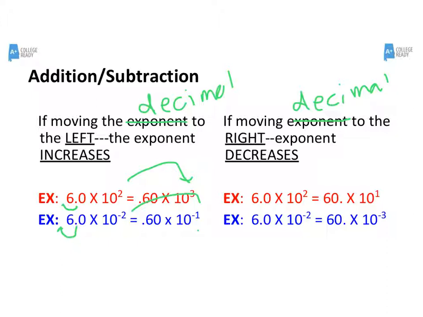So here we have 6.0 times 10 to the second. I'm going to move my decimal to the right once, my exponent decreases. Here I have a negative exponent. I'm going to move it to the right once. I move it to the right, my exponent gets more negative or decreases.